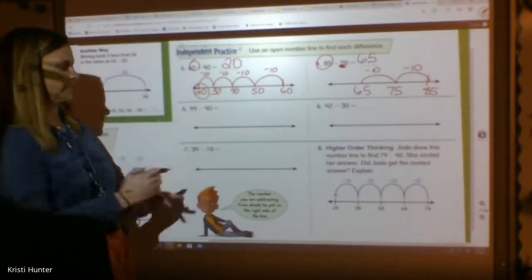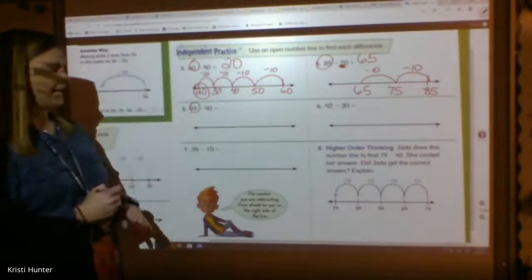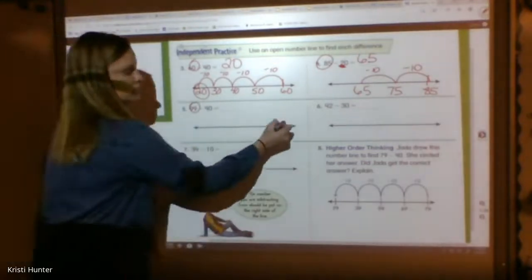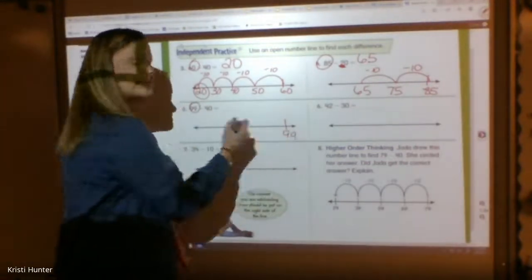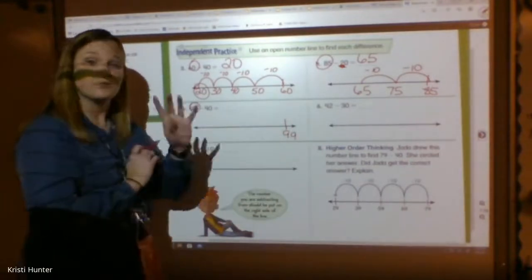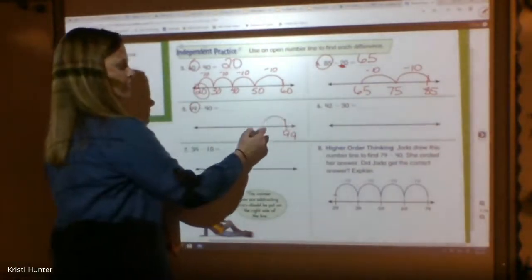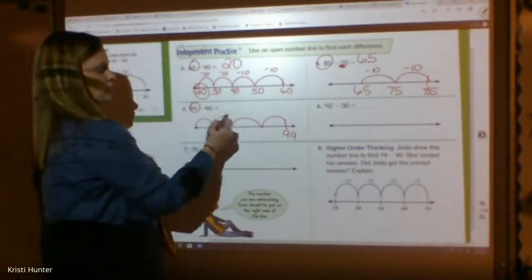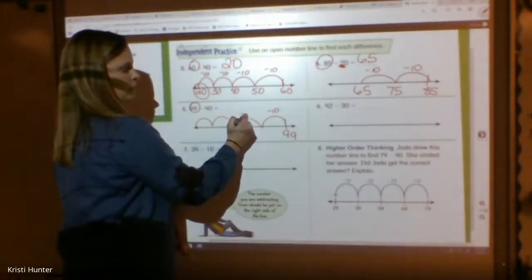Let's try number 5. 99 minus 40. All right, big number, 99, let's take away 40. So I'm going to start at 99. How many tens do I jump back? 4 tens. Very good. 10, 20, 30, 40. Be sure you label those jumps.